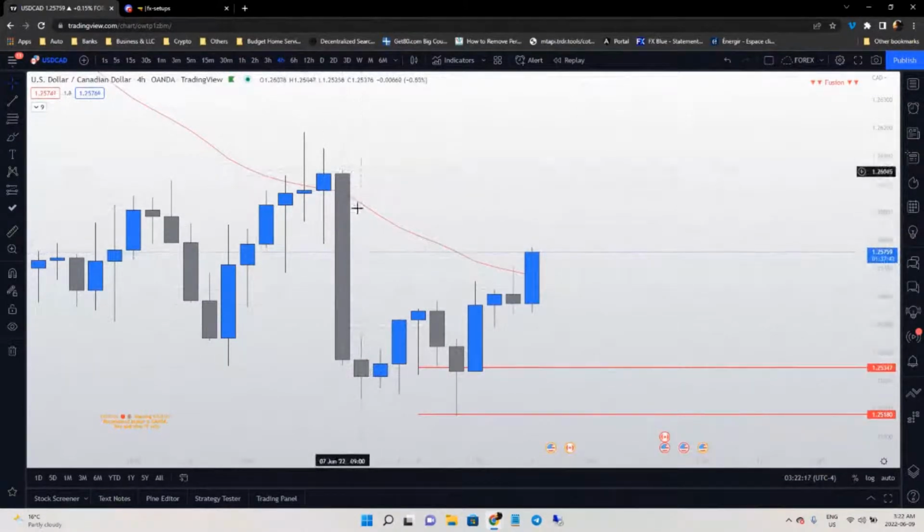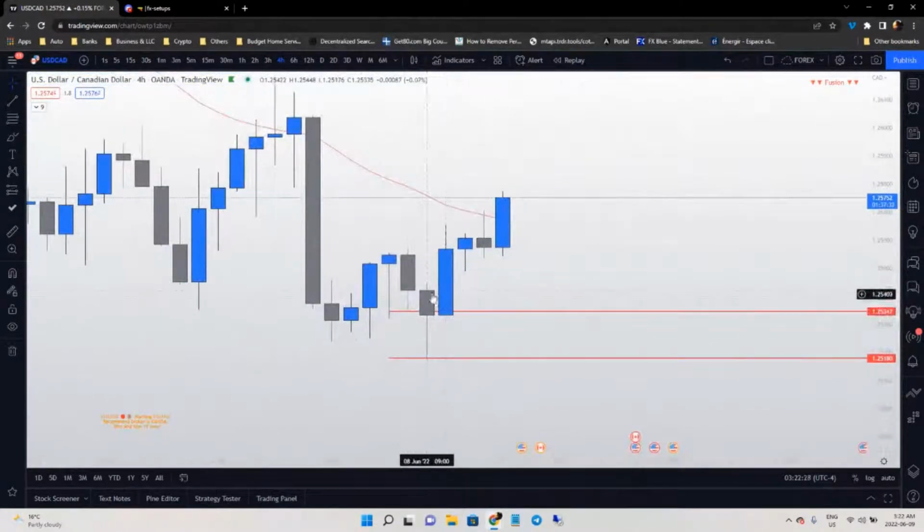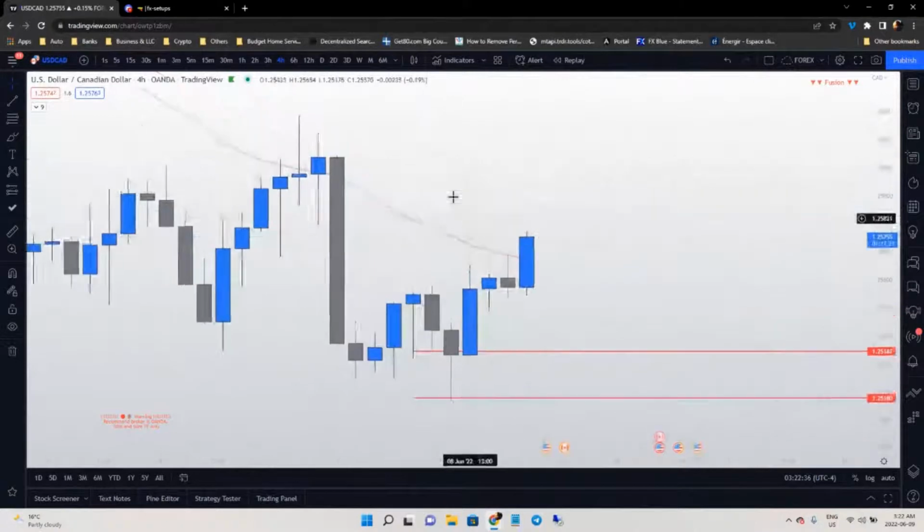There's a big imbalance. If you look at the price, this was the low of the week. So the low of the week was done here, and now it's pushing up.